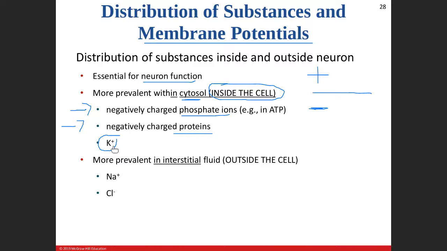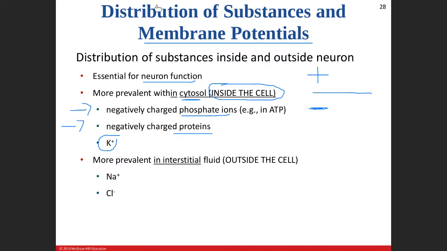So you've got a positively charged potassium inside the cell, and it's going to leave. When it leaves and there's less positively charged potassium inside that cell, does that make the inside of the cell more negative or more positive? More negative. Right on. Yep, that's right. Because remember, potassium leaves, it's taking its positive charge with it. So it'll make the inside of the cell more negative.